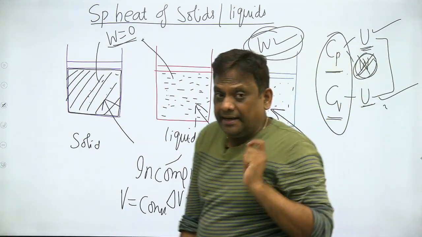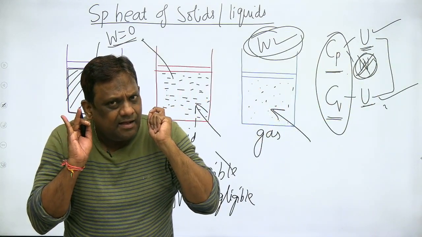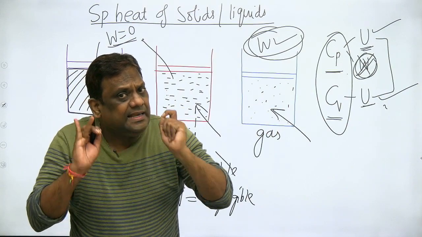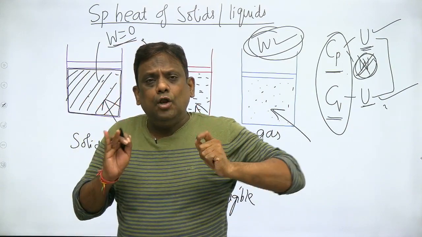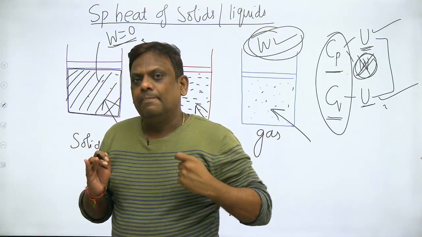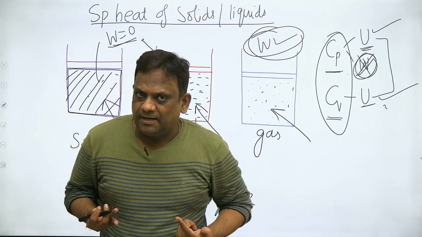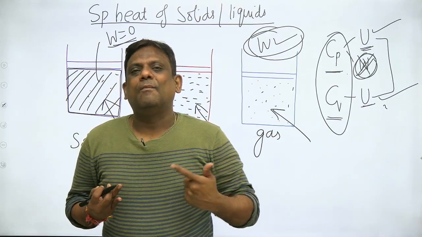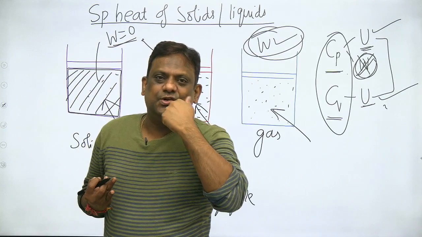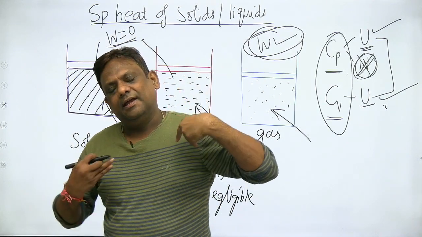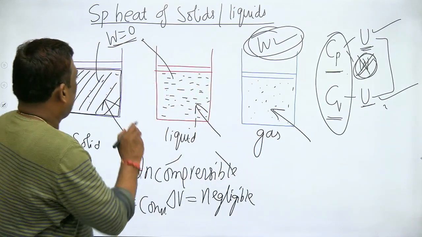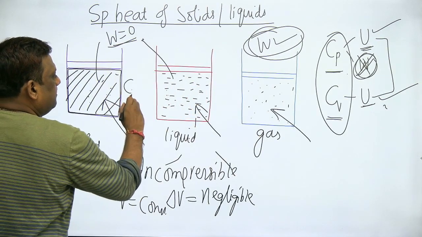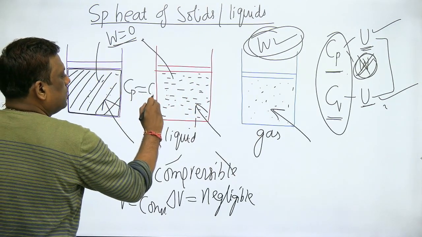That's why, my dear students, as liquids and solids are incompressible, as the volume change is negligible, I repeat, as the volume change is negligible, my work component becomes zero. Therefore, whatever you are giving is stored in the system. Hence, for solids and liquids, CP is almost equal to CV.